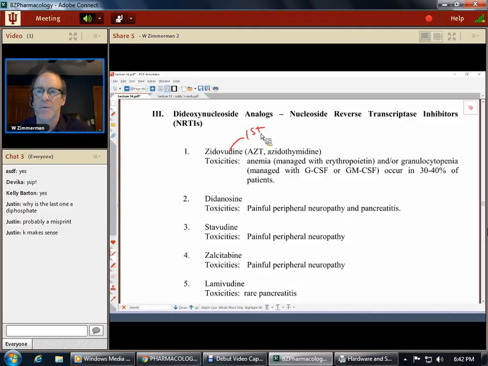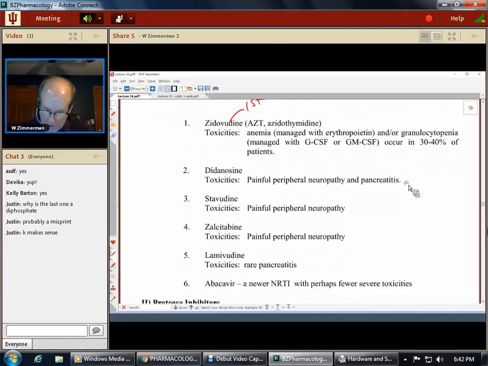It causes an anemia and a decrease in red blood cells, so we manage that with erythropoietin, and even some suppression of bone marrow. Despite that, it still gets a lot of use because it's so good at pushing down the viral counts. A lot of these other drugs cause neuropathies, even a pancreatitis. Lamivudine is the one I mentioned.